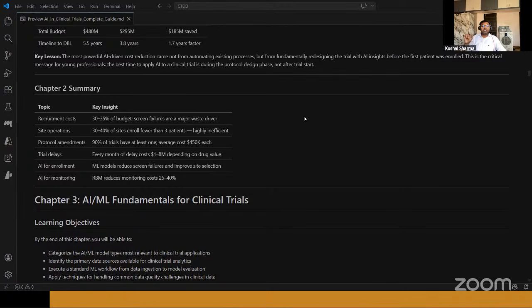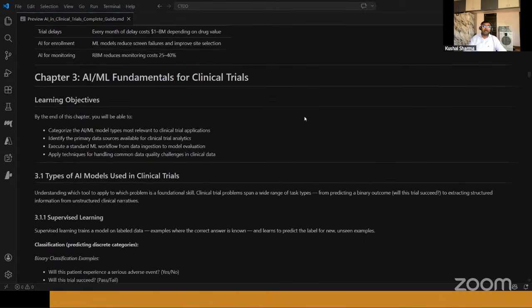Then trial delays: every month of delay costs 1 to $8 million depending upon the drug value. AI for enrollment: ML models reduce screen failures and improve site selection. AI for monitoring: RBM reduces monitoring cost by 25 to 40%.